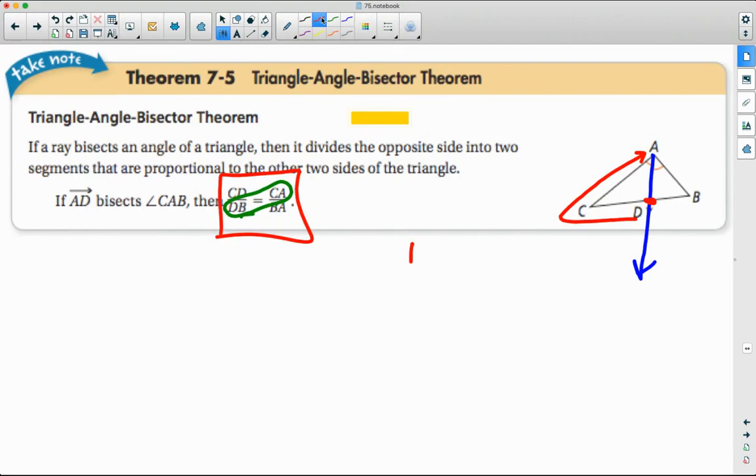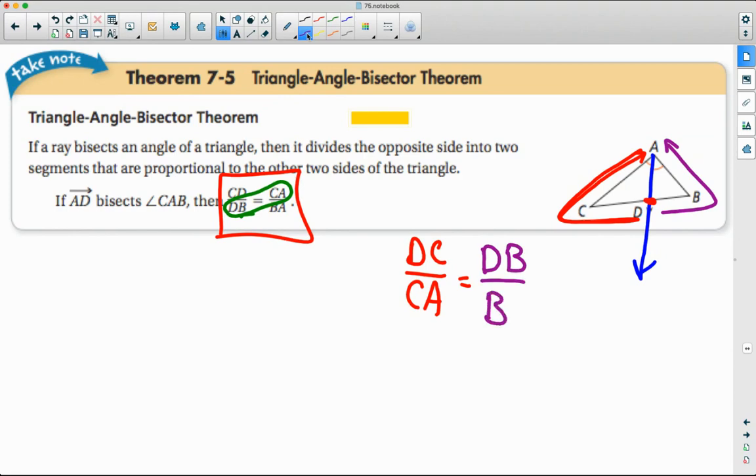So that is DC over CA is equal to, now do the same thing the other way, BD over BA, or DB over BA.